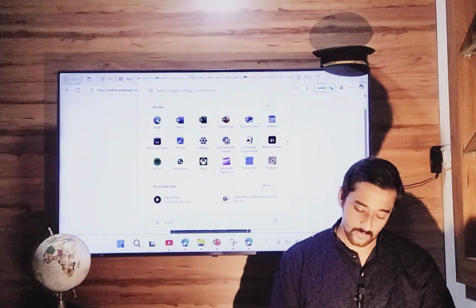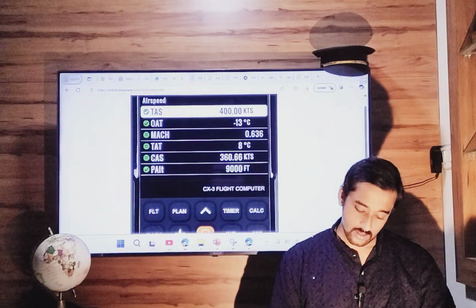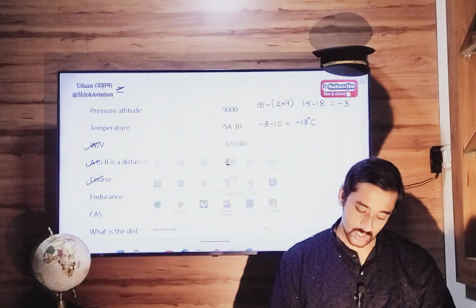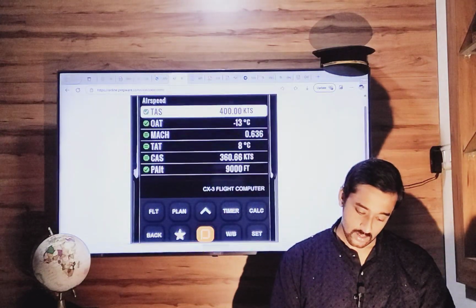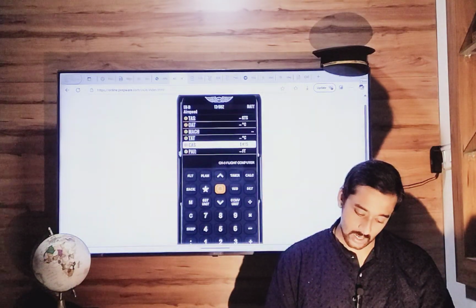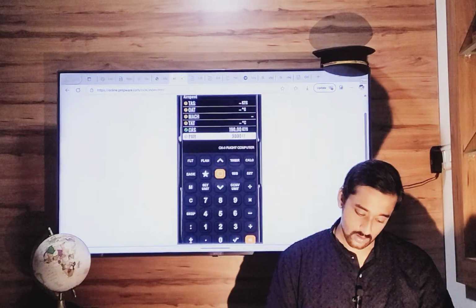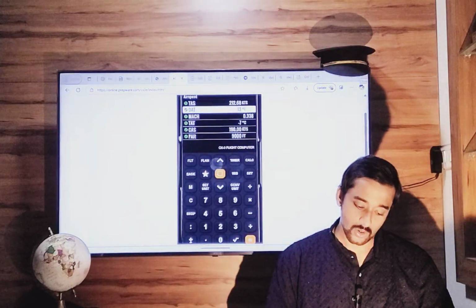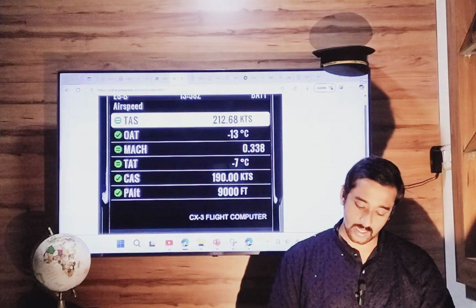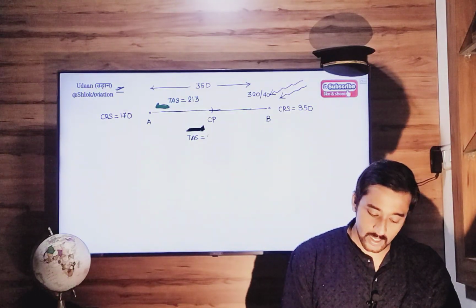Temperature minus 13. Pay attention to the values that you have put, double check. True airspeed is 213. So 213 outbound, 213 homebound.